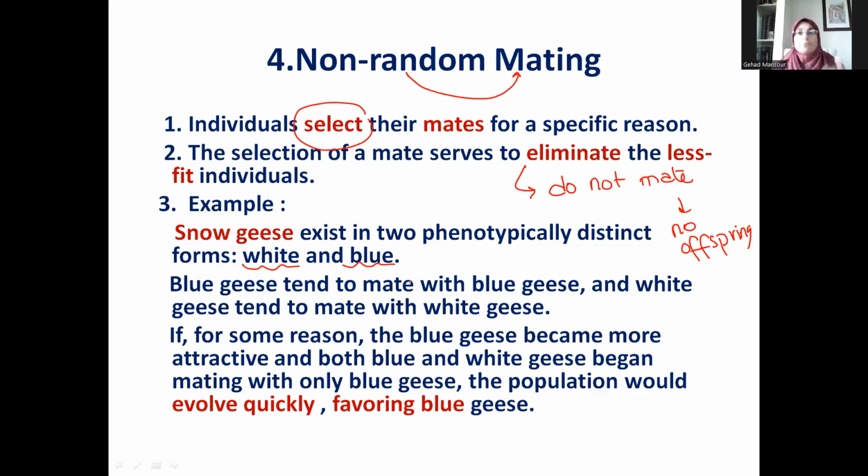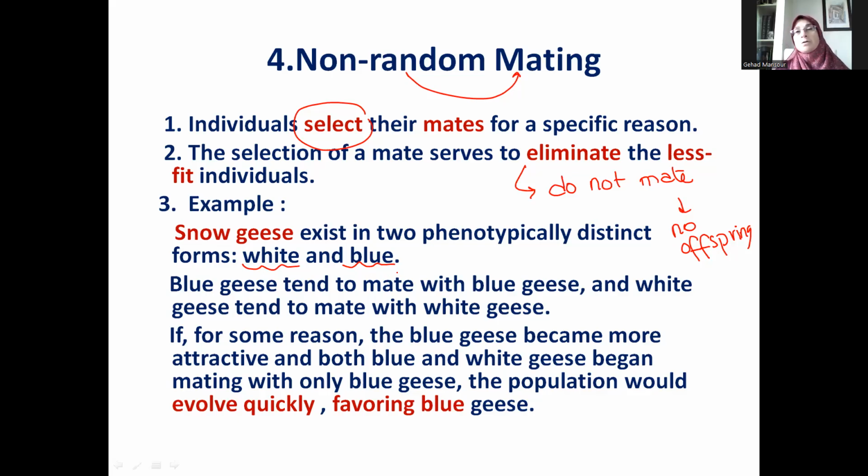But if for a certain reason, the blue geese became more attractive, and both the blue and the white geese would start searching for a mate that has blue feathers, then in the long run, the population would evolve rapidly. So this would be an exceptionally rapid type of evolution.